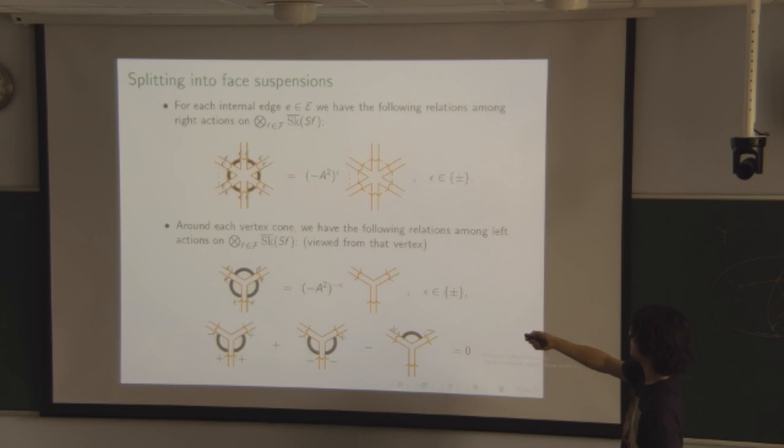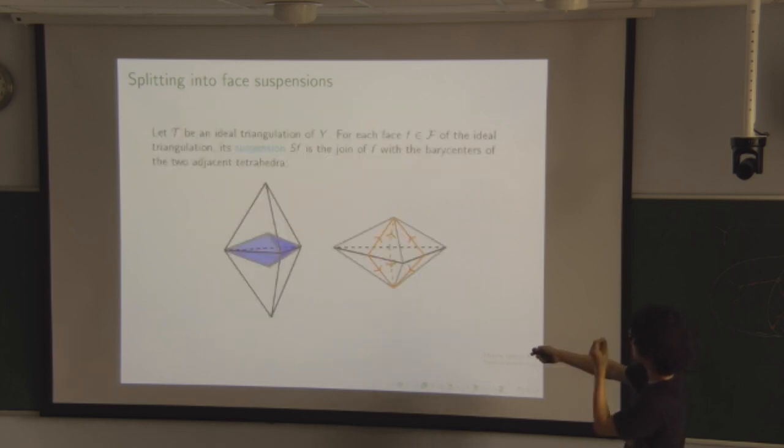The first relation tells us that around each edge of a triangulation, there's going to be some number of phase suspensions glued around that edge, and there's going to be a corresponding action of the skein algebra of a bigon. Remember that the skein module of a boundary marked three-manifold naturally has a bimodule structure.